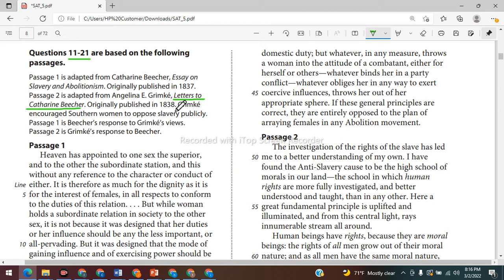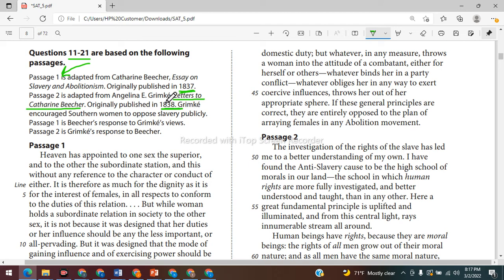Originally published in 1838. So it's important to recognize the dates and to see what's going on. The first one was written first, right? The first one was written in 1837, and the other one was written in 1838. The first one was written by Miss Beecher, and the second one by Grimke.